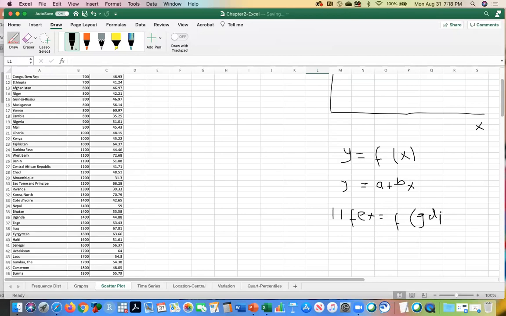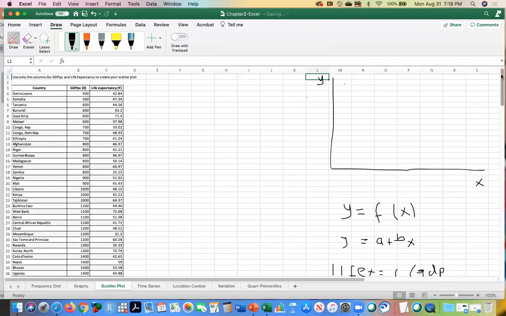So I can say that. So I can look at these different relationships. So I'm gonna create a graph where I am gonna find points for X and Y for Sierra Leone.